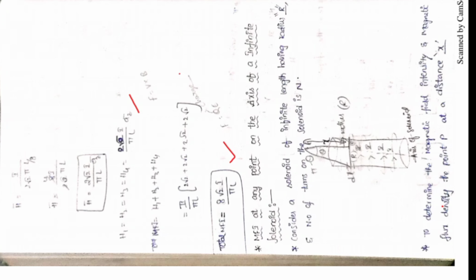If you add all, you get the total MFI. If the currents were not the same, you would add them separately. Adding 2 root 2 four times, you will get 8 root 2 I by pi L.